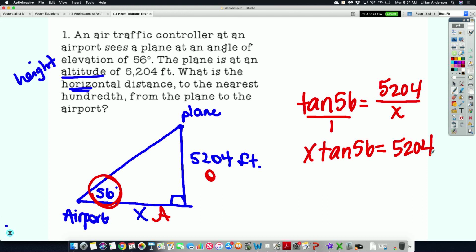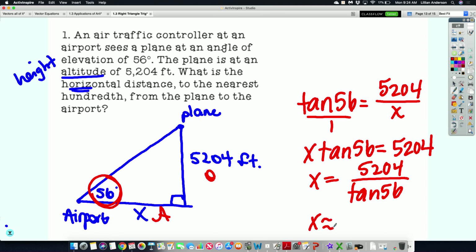So then to solve for x, I need to divide 5,204 by tangent 56. And I'm rounding to the nearest hundredth. So unless it states it, you always use three significant figures or the exact answer.